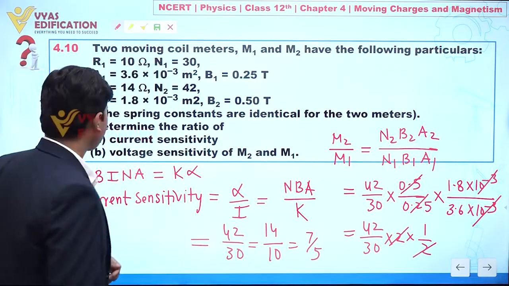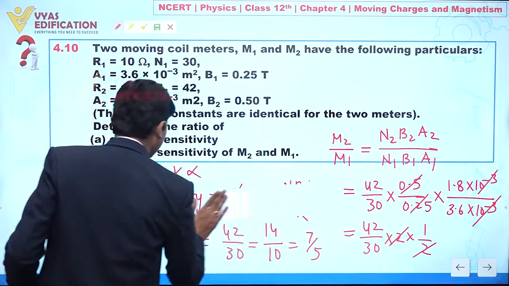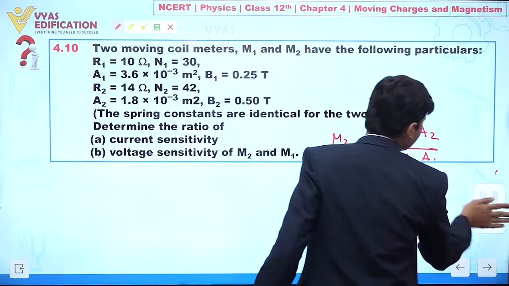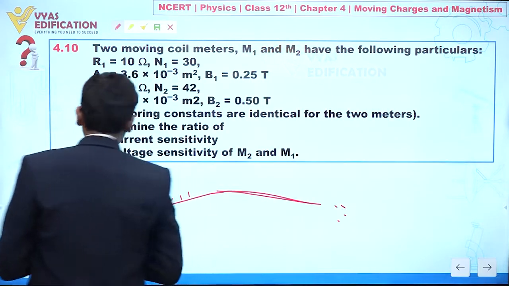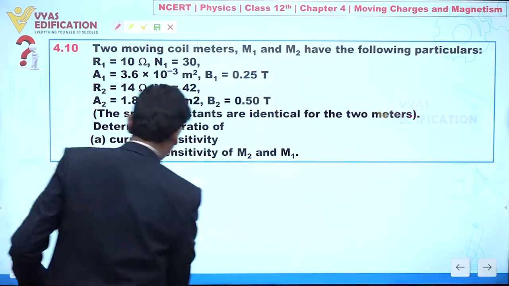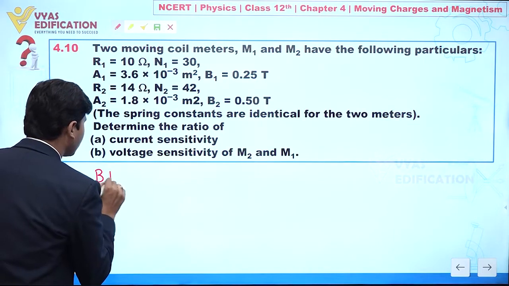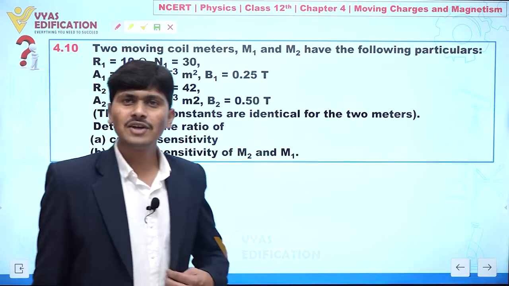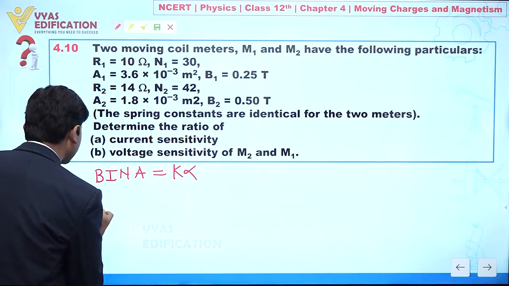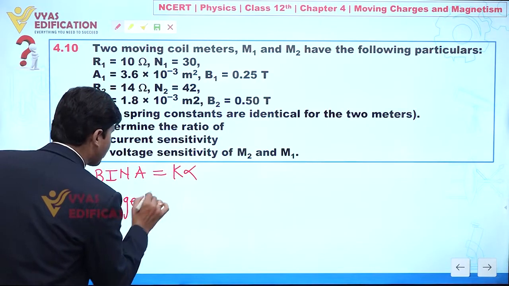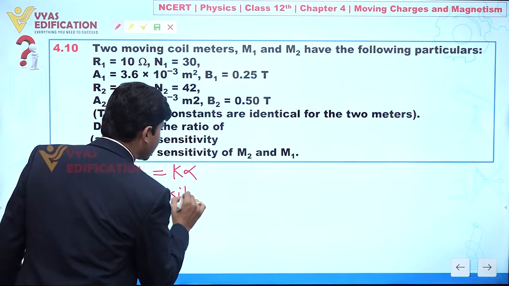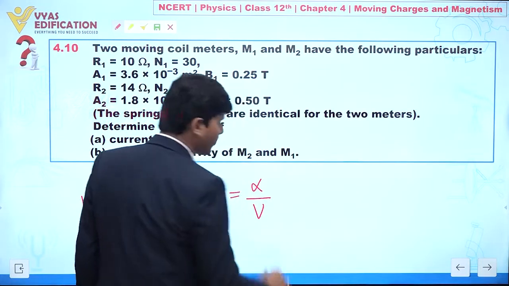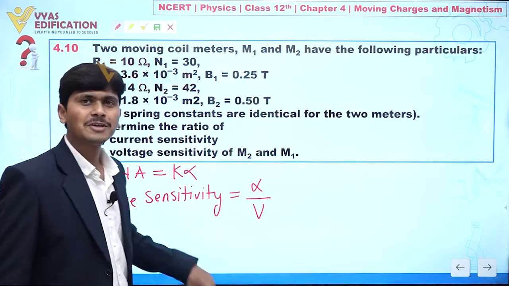Clear to everyone? Now if I find voltage sensitivity, listen carefully. The expression is NBIA equal to K alpha. Voltage sensitivity is defined as alpha divided by V, that is, deflection per unit voltage.